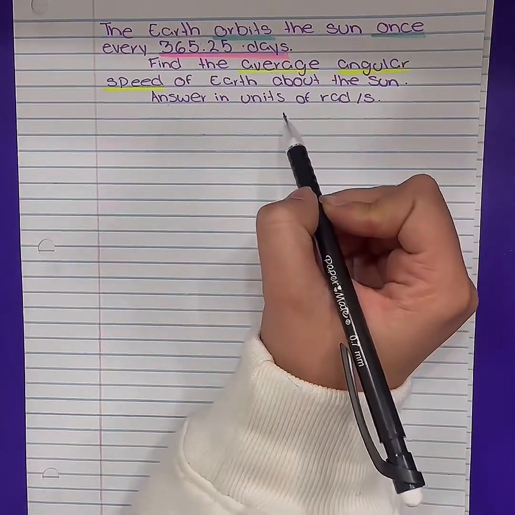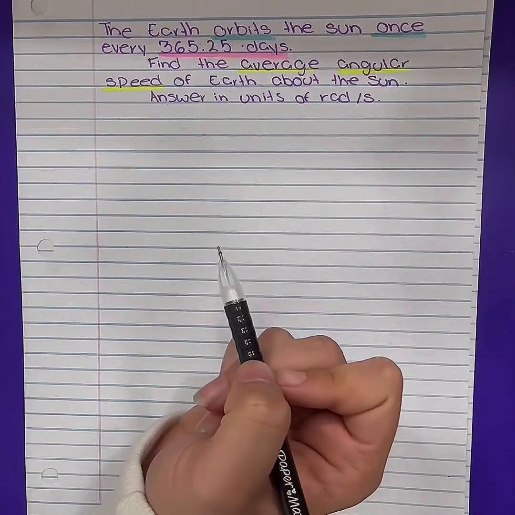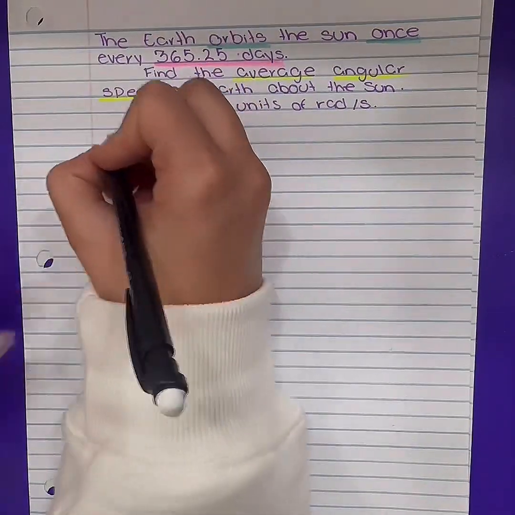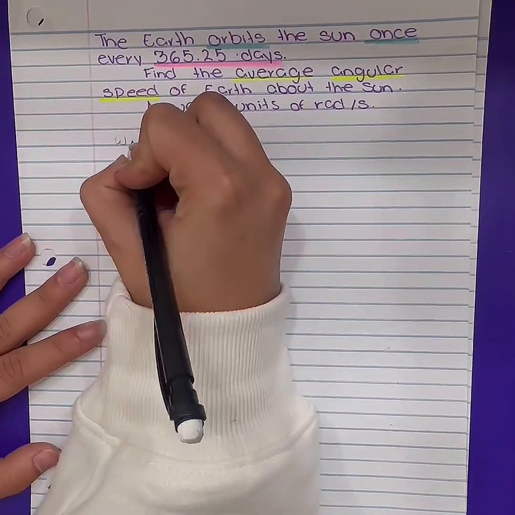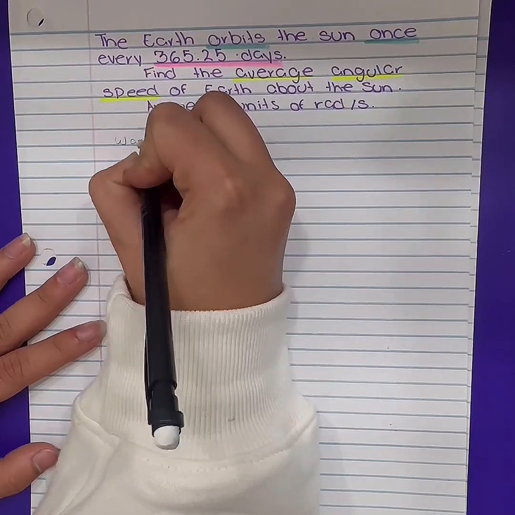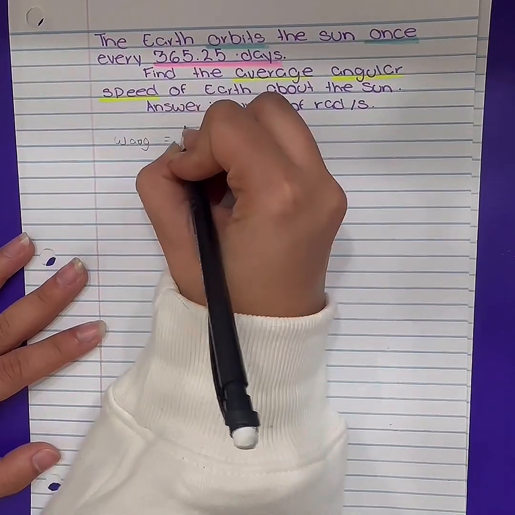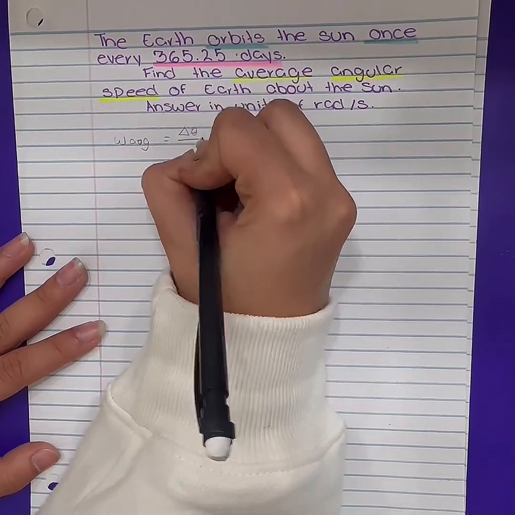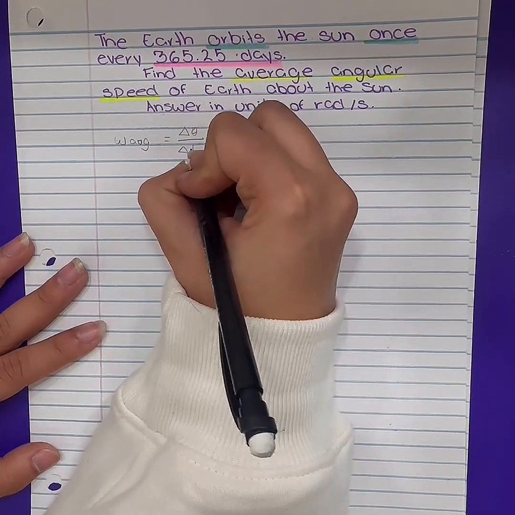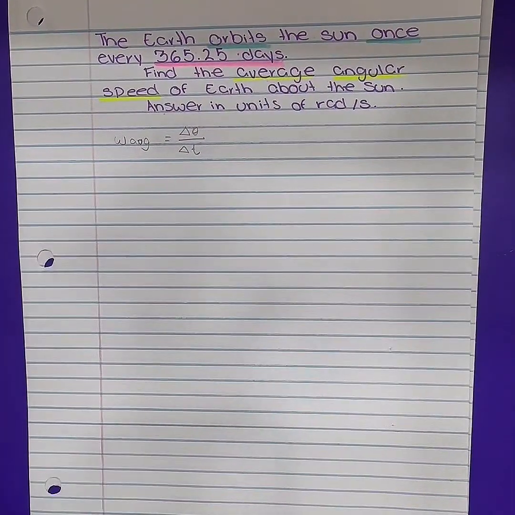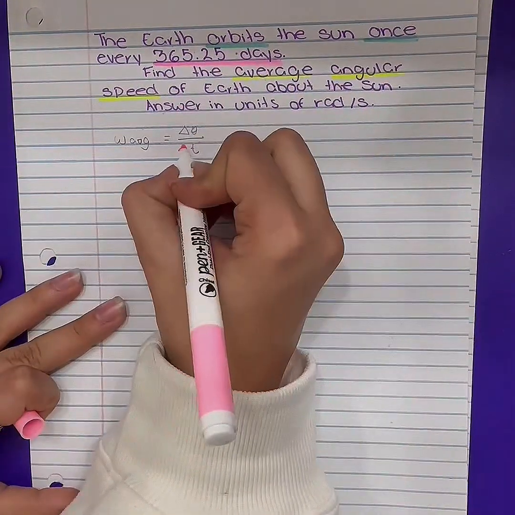So the first thing to know is the formula of angular speed, which is average equals delta theta over delta time. In this case, I've highlighted with colors to make it easier.